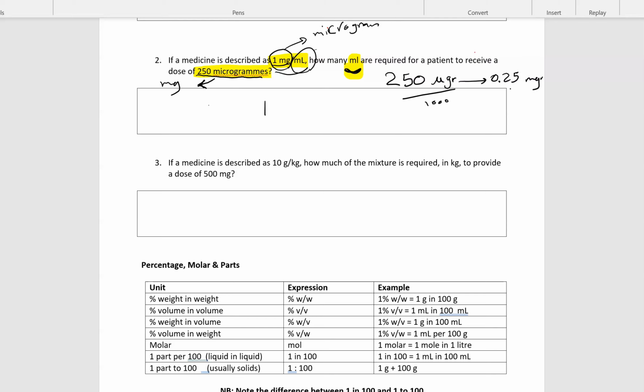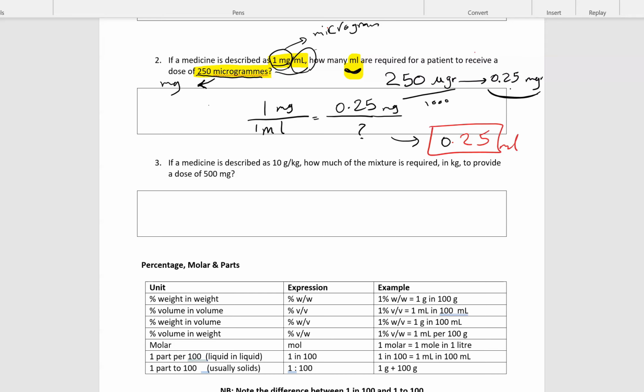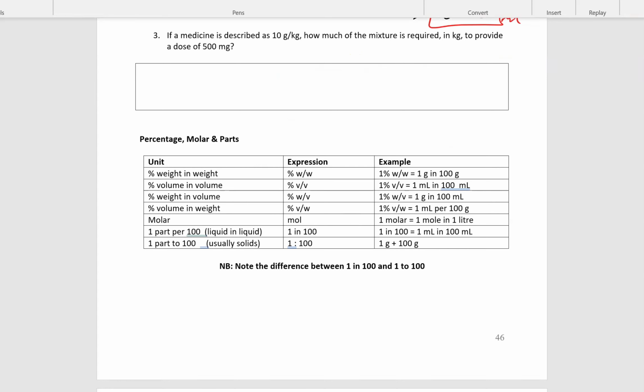So if we have 1 milligram in 1 milliliter, and your solid medication's weight is 0.25 milligram, how many milliliters do you have? The answer is 0.25 milliliter.